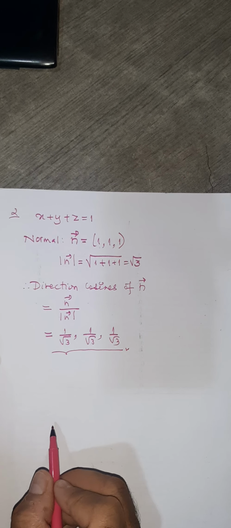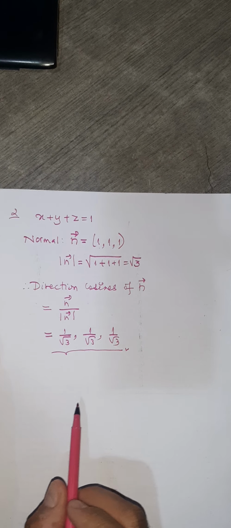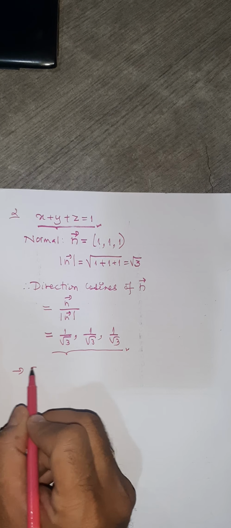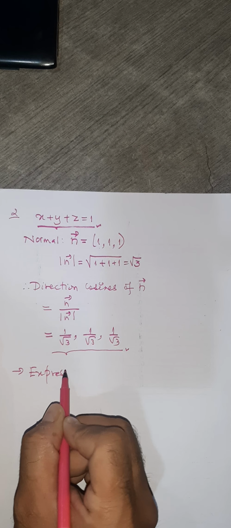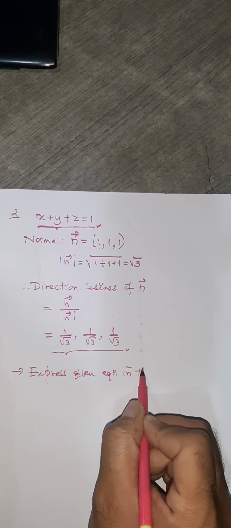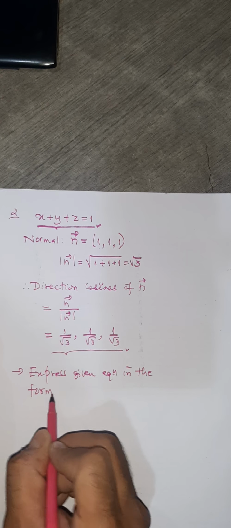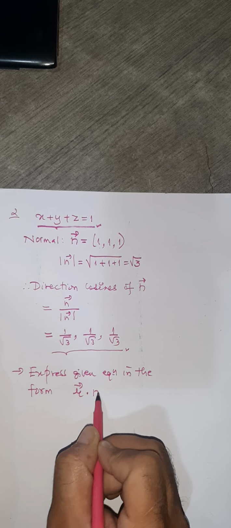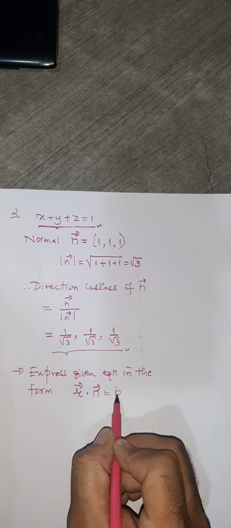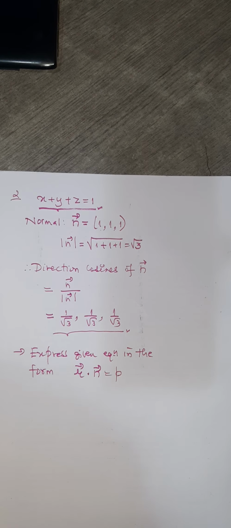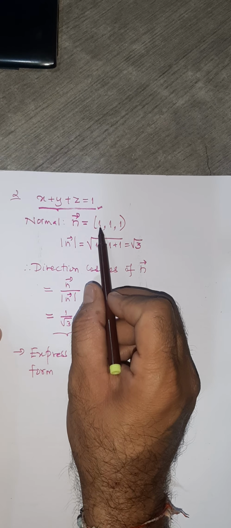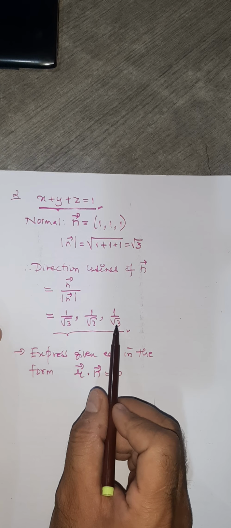Fine. Now, to find the distance from the origin, what you need to do? You need to express the given equation in the form vector r dot n cap equals to small p. Here the coefficients are 1, 1, 1, and you need 1 by root 3, 1 by root 3, 1 by root 3.